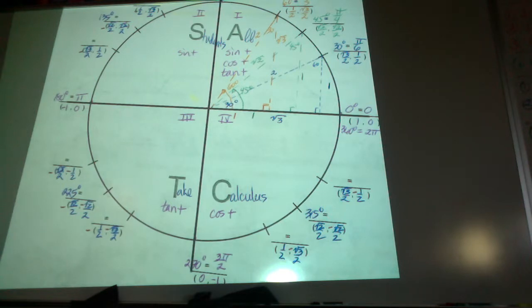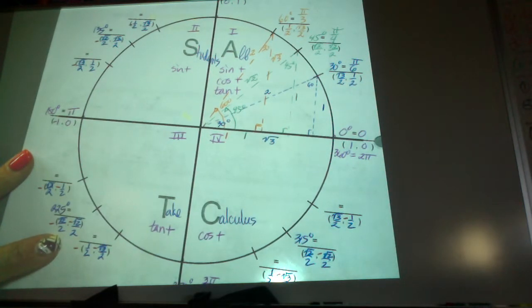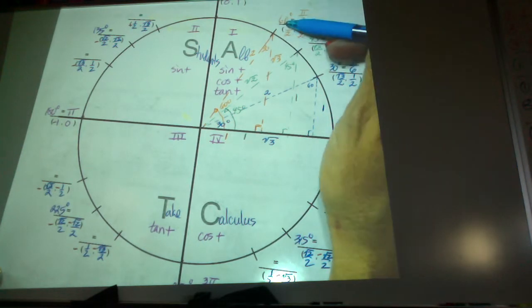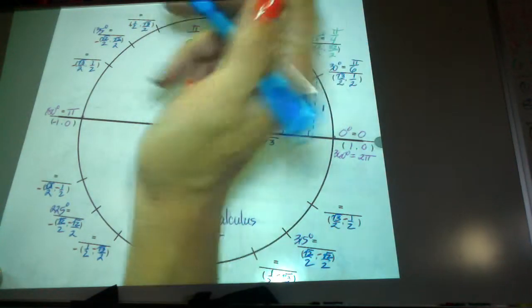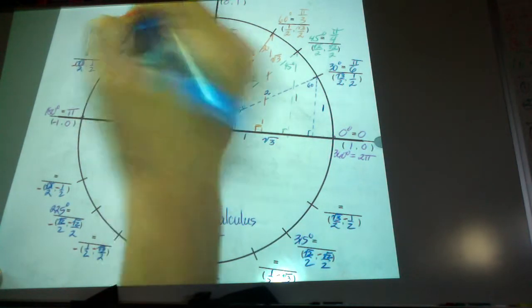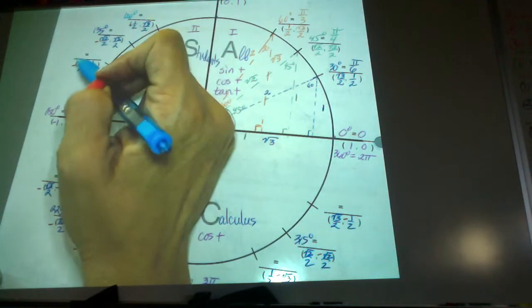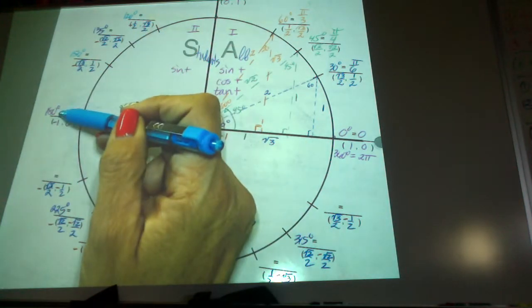Then we're going to count by 30s. Because when I count by 30s, I get the 60s also, and we'll fill in everything else that's left over. So I've got 0 to 30, 30 plus 30 is 60, 60 plus 30 is 90, 90 plus 30 is what? 120. 120 plus 30, we're skipping over the 45, is what? 150. 150 plus 30 is 180.